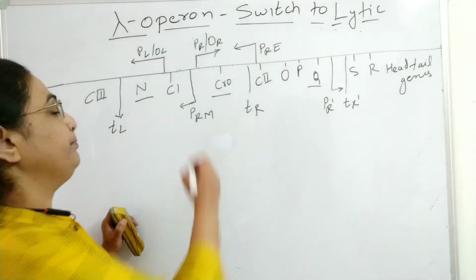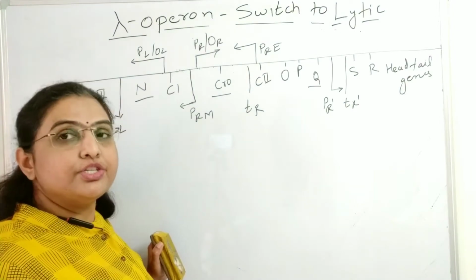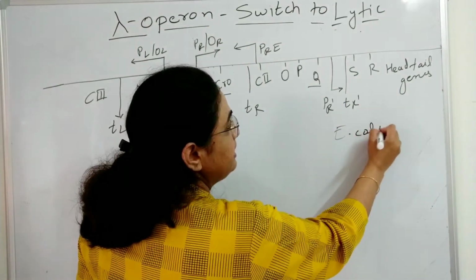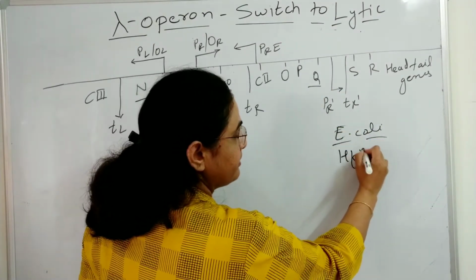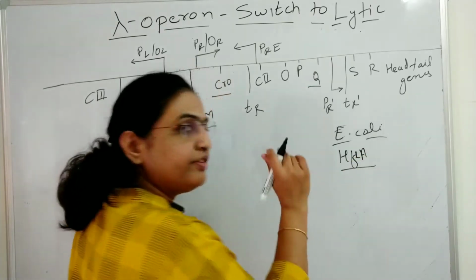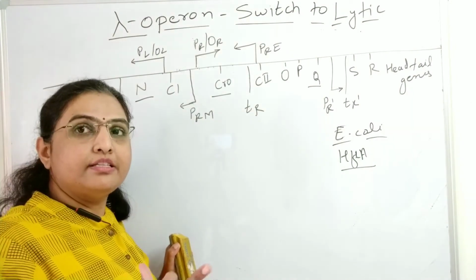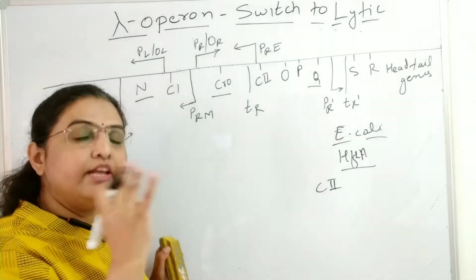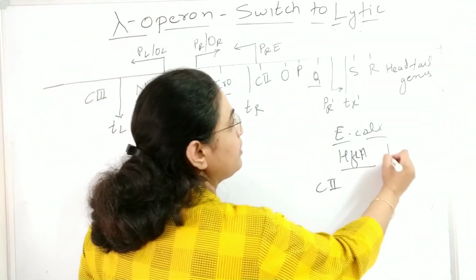Now when there are favorable environmental conditions for the growth of E. coli cells, the E. coli synthesizes the host protein HFLA. HFLA is a protease, and its substrate is C2.